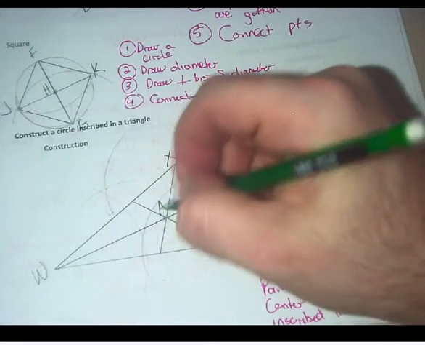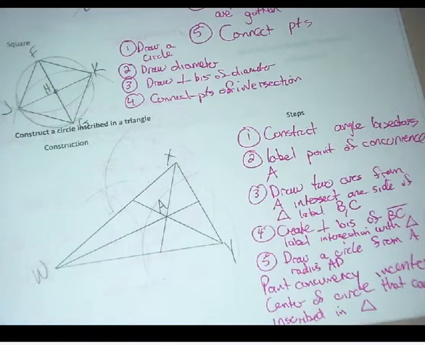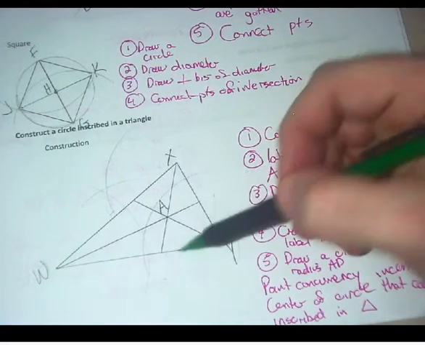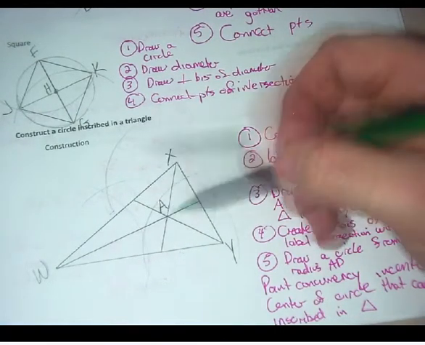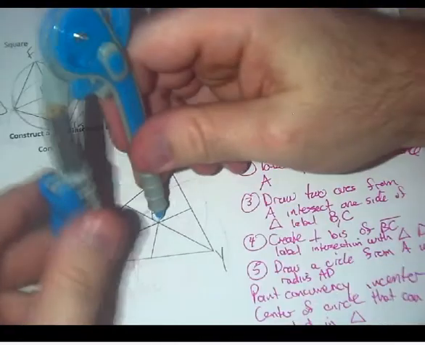So from A, which is my point of concurrency, I'm going to draw two arcs from there to one side of the triangle so I can get a perpendicular. Now I'm going to go to, I think, this side because this one's too small. It's got enough stuff here already, and I don't want to go up. So make two arcs from A that intersect that one side.